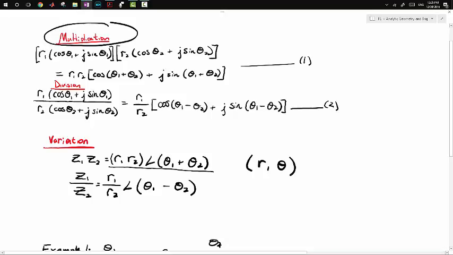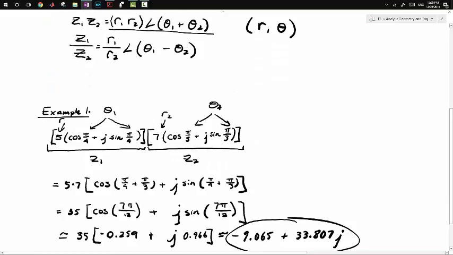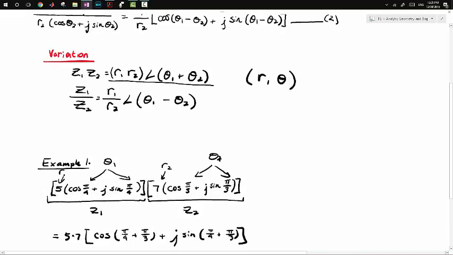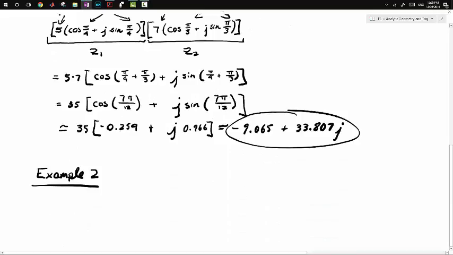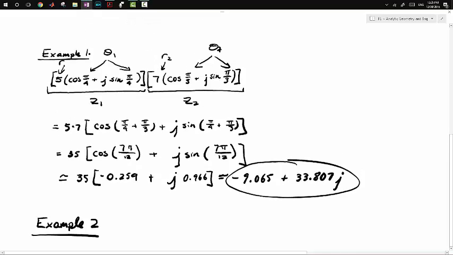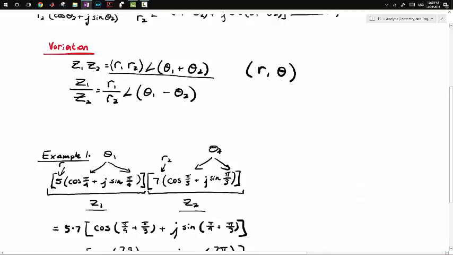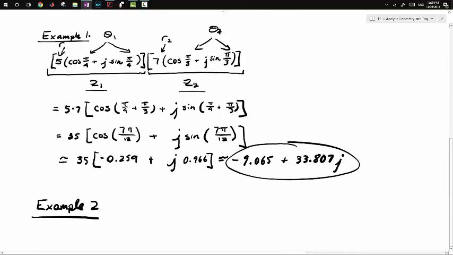So if it's given in polar notation, it's a little bit more straightforward. So what I'm going to do for extra practice is convert Z1 and Z2 into polar and use the variation equation to compute, and check with this answer that we just had to make sure we did everything correctly.